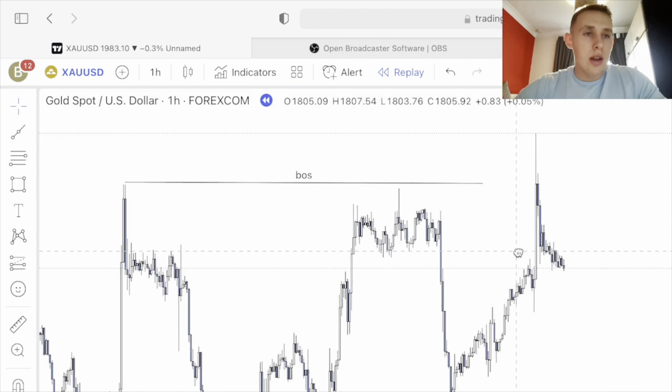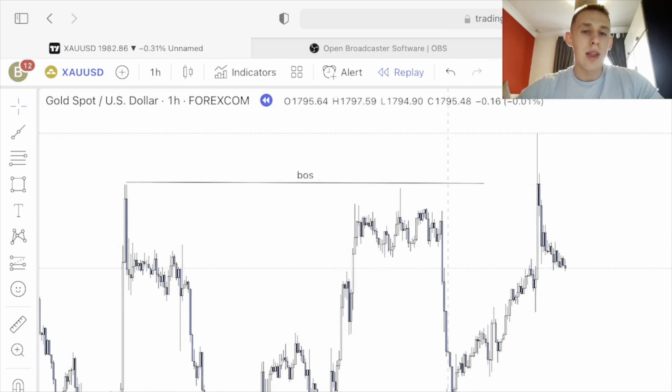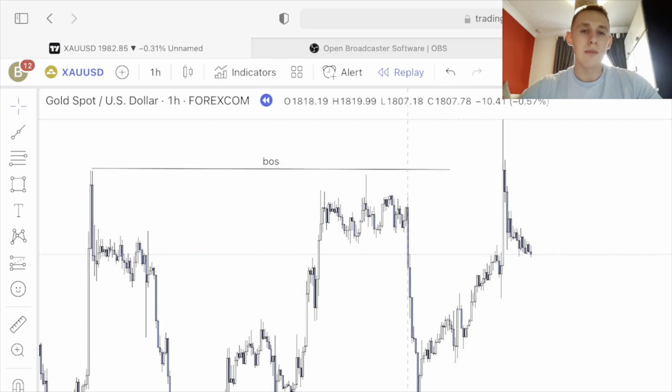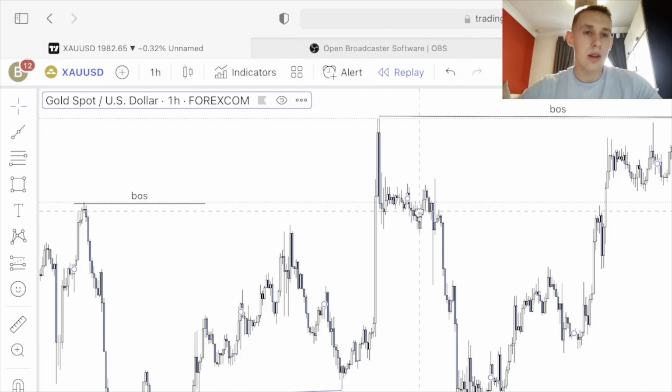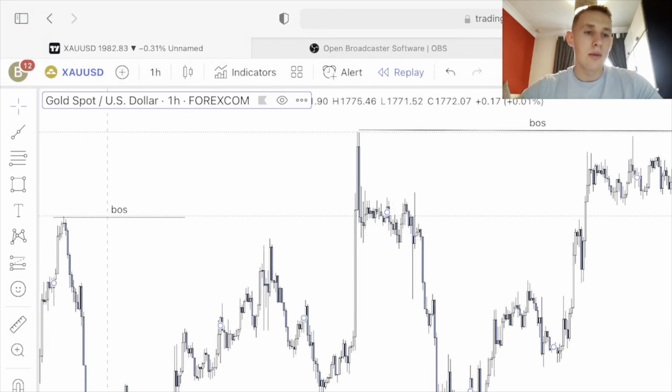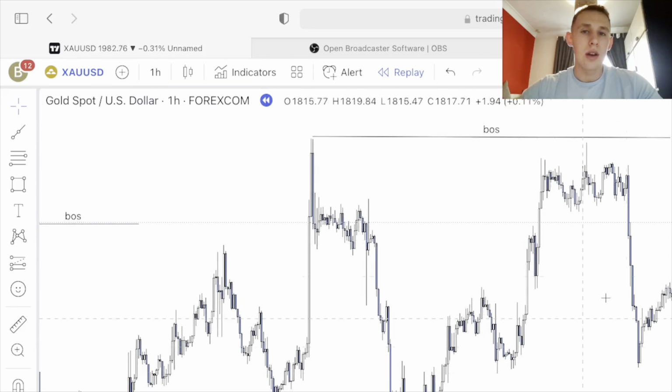So now we've had this break of structure. This is clearly the trend low because it's the most recent higher low. So we've had higher low, higher high, higher low, higher high. Sorry, this would be the most recent higher low.